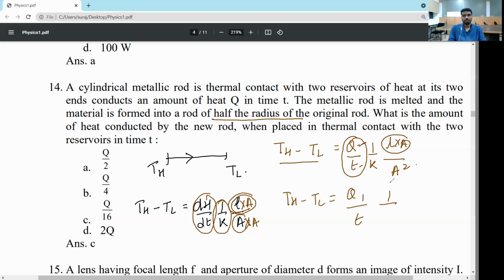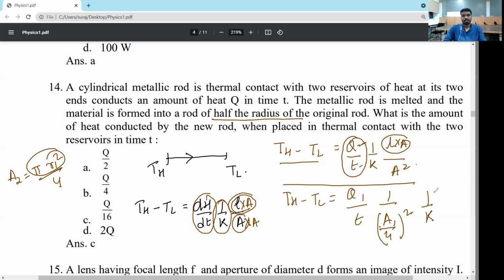Half the radius of the original rod. A dash will be what? So A2 will be what? Pi R2 square. R2 is what? R1 by 2. So A2 will be A1 by 4. So this becomes A2 is A1 by 4 whole square, divided.